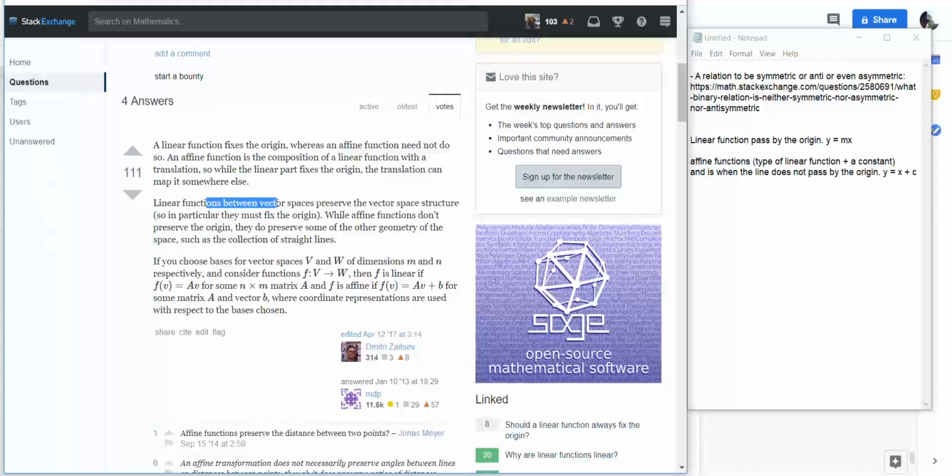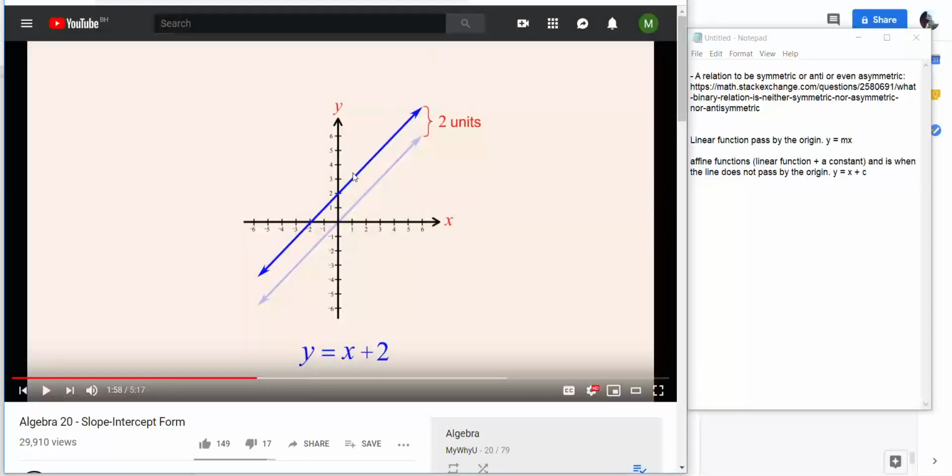Linear functions between vector spaces preserve the vector space structure. So in particular, they must fix the origin. Affine does not preserve the origin. Okay. Functions, linear function plus a constant. So they're not really a type of linear function. It's more like a different type of function that allows the creation of a whole new different thing. Okay.